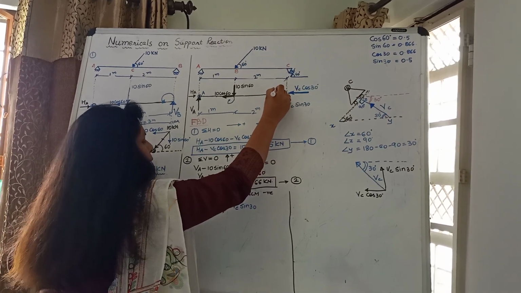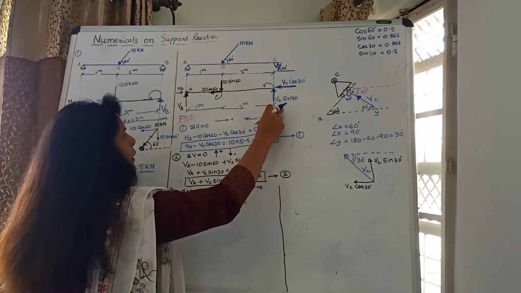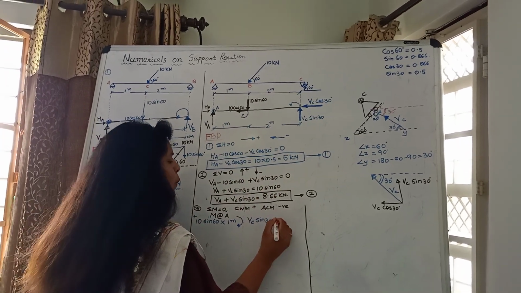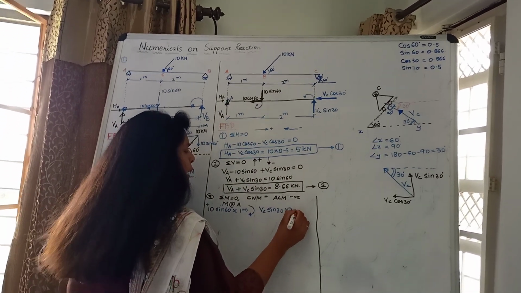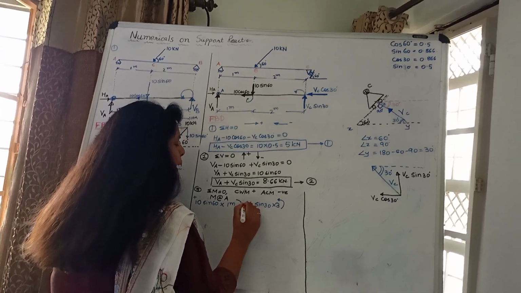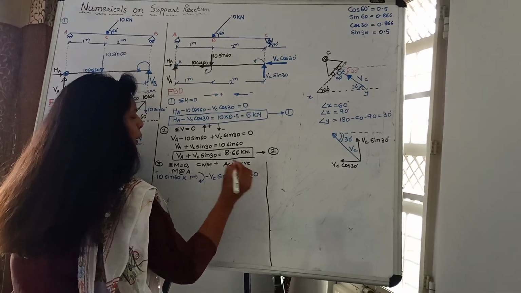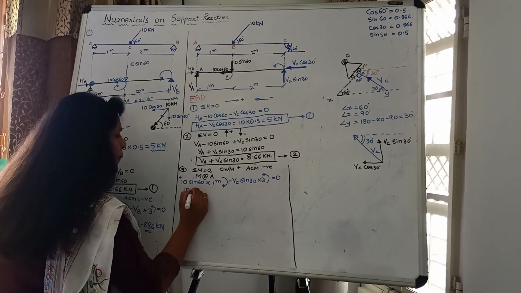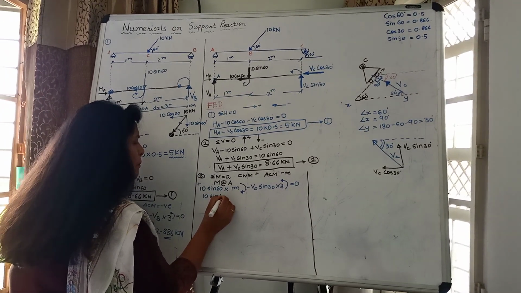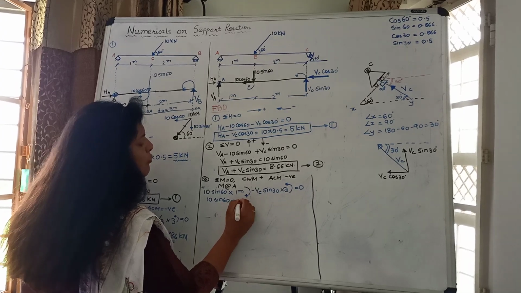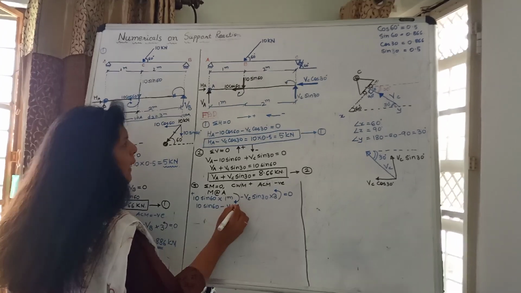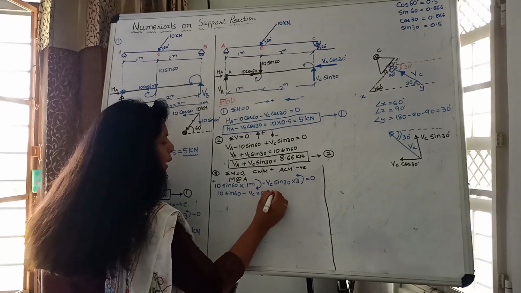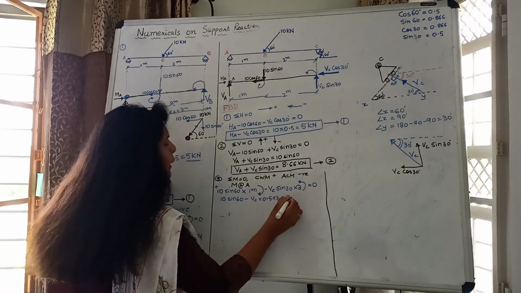Its distance with respect to A is 2 plus 1, that is 3, so minus, equal to 0. So we get 10 sin 60 minus VC into sin 30, that is 0.5, into 3, equal to 0.